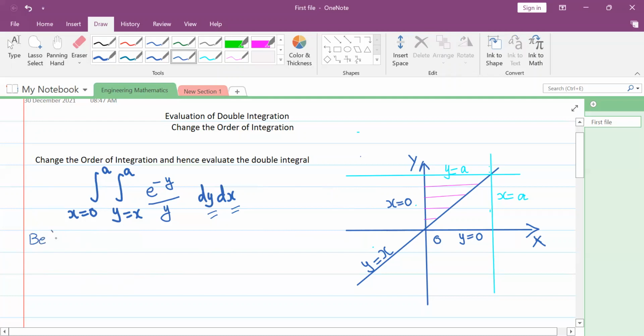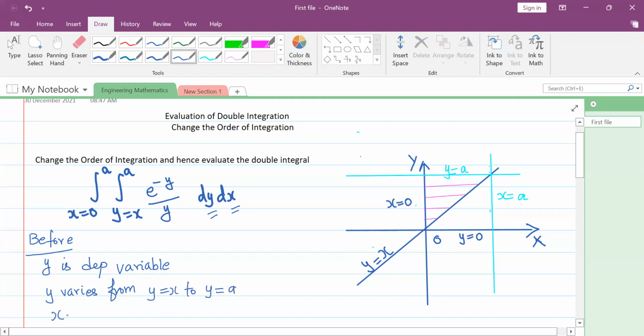So I'm going to write whatever I have before changing the order of integration. Before changing the order of integration, y is the dependent variable. Then what else do I have? y varies from, what is the lower limit for y? y is equal to x to y is equal to a.